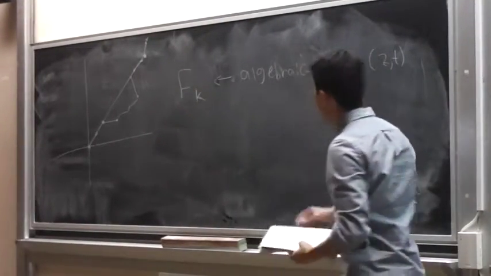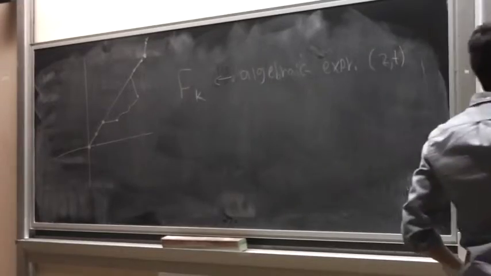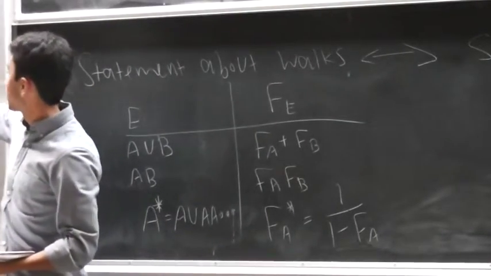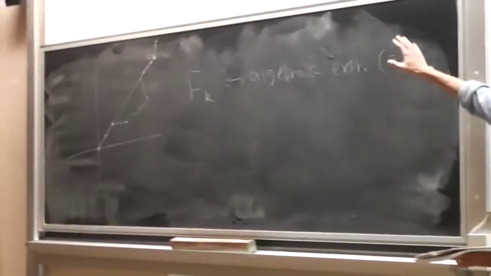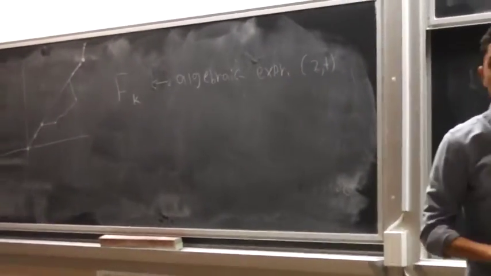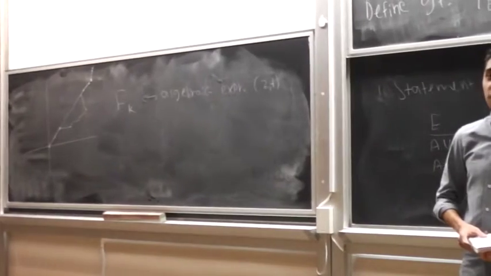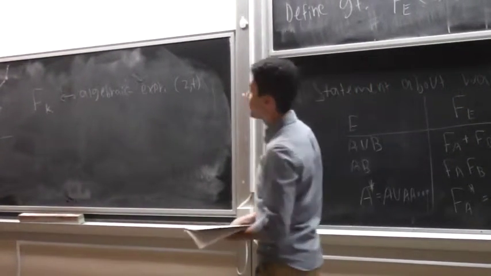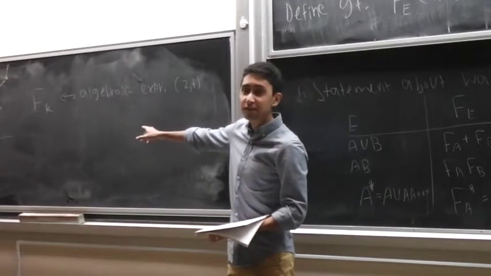And of course, I'm not going to write it down because you're going to have a bunch of equations. You solve those with Maple, and so you get an algebraic expression involving z and t, square roots and stuff like that, but it is closed form. Right? So, any questions about that? Yeah, I'm definitely not going to go over it, but if you have questions, you can ask me later.